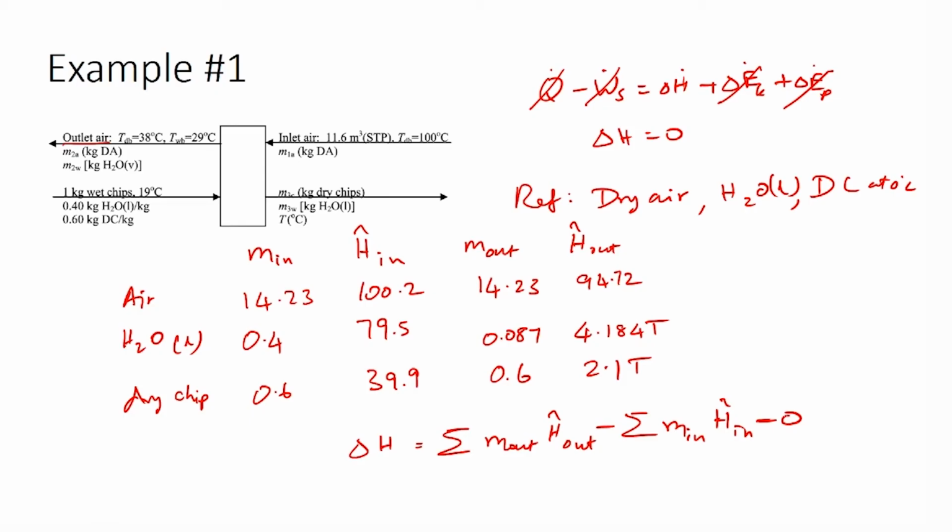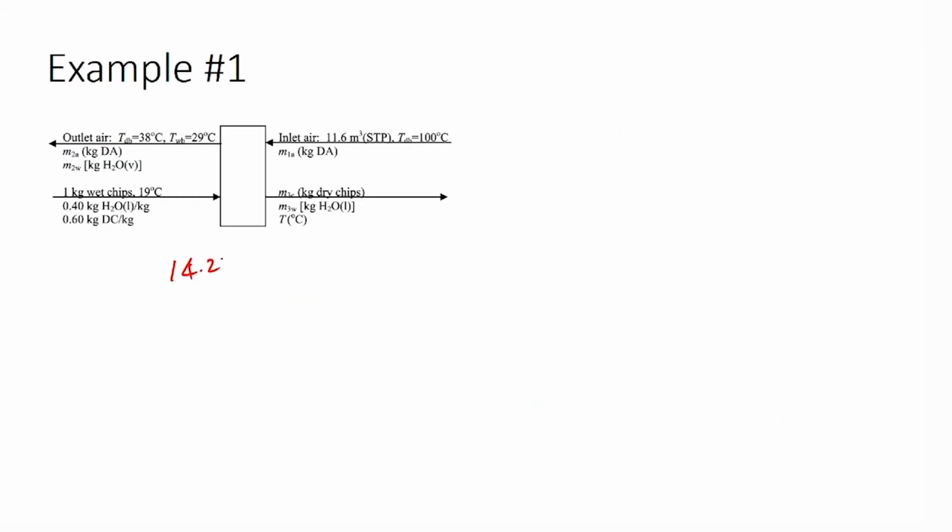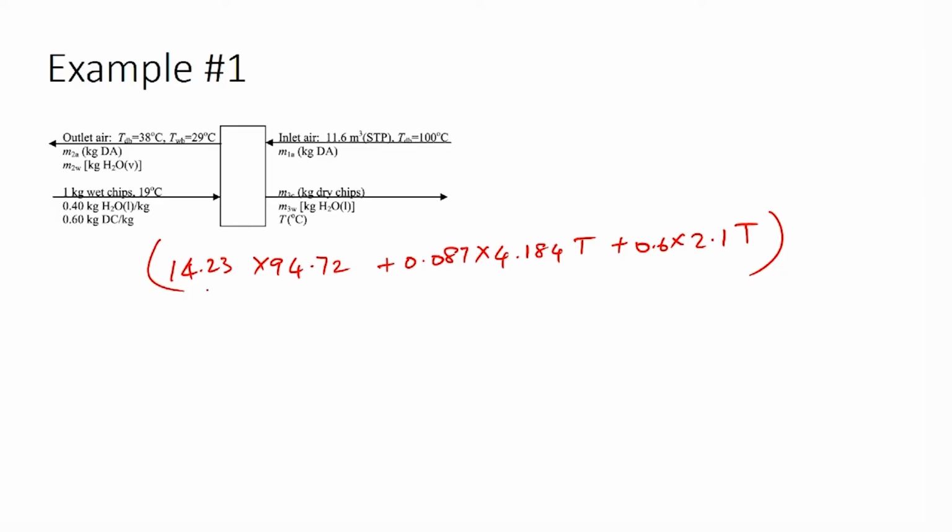So, using this we would be able to get the equation for temperature. 14.23 times 94.72 plus 0.087 times 4.184 T plus 0.6 times 2.1 T, this is the total enthalpy of the outlet streams, minus the total enthalpy of the inlet streams, which would be 14.23 times 100.2 plus 0.4 times 79.5 plus 0.6 times 39.9, equals 0.